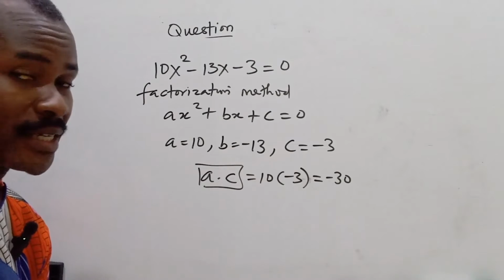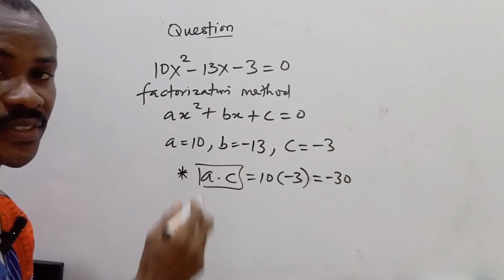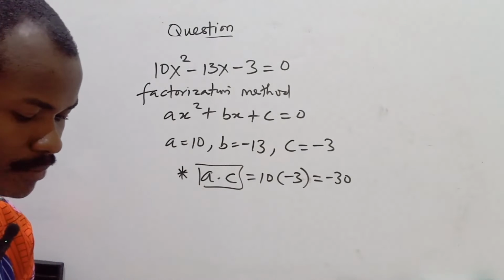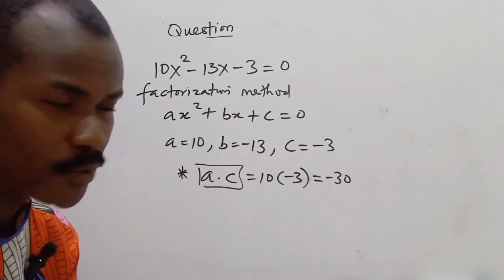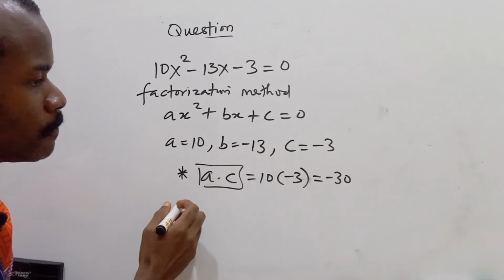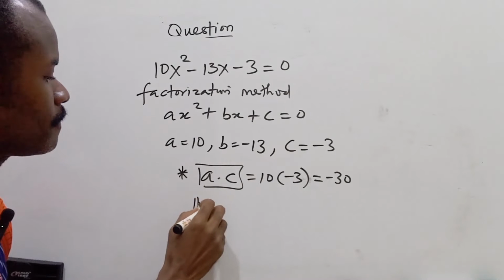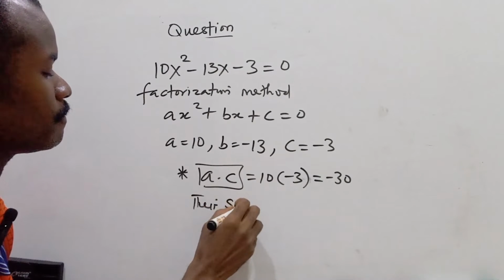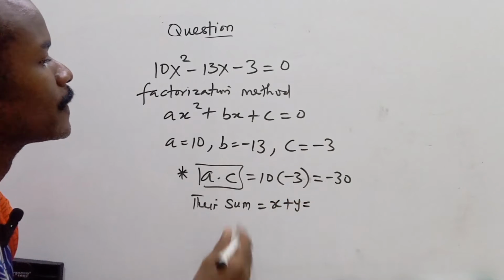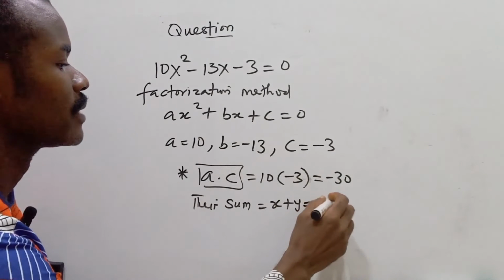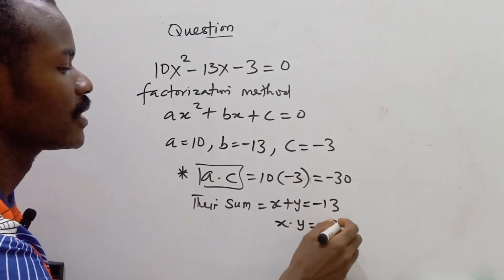The basis of using the factorization method is to establish this. Having established that, we are now going to look for two values whose sum, let's say x plus y, is equal to b, which is minus 13, and x times y is equal to minus 30.